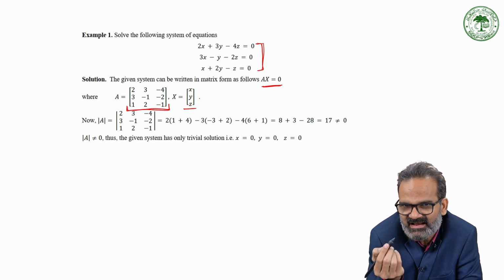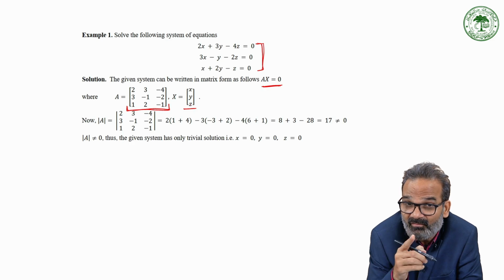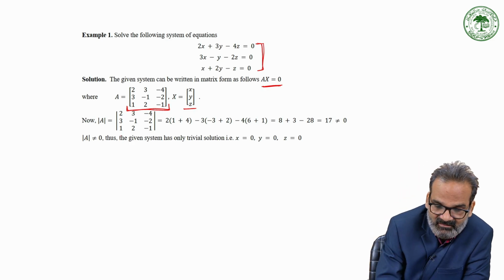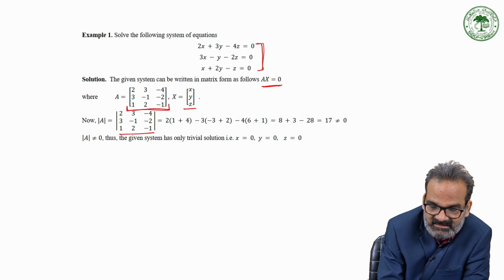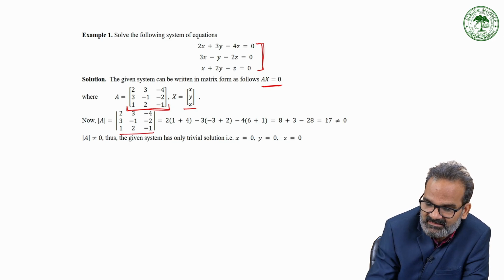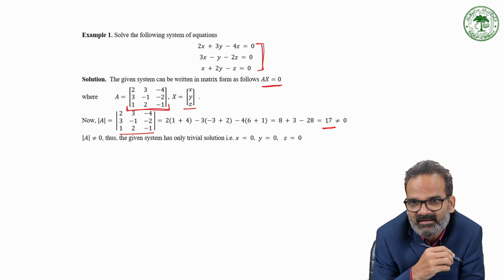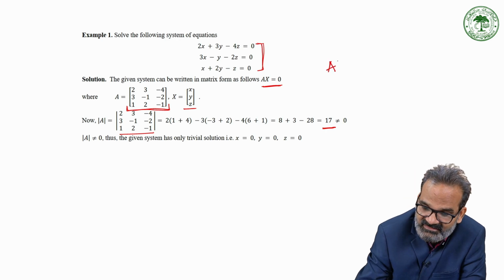The approach is as usual. Step 1: find out the determinant of the given matrix. So the determinant of the given matrix is this, and if we simplify it, its value is coming out to be 17. So what are we getting?